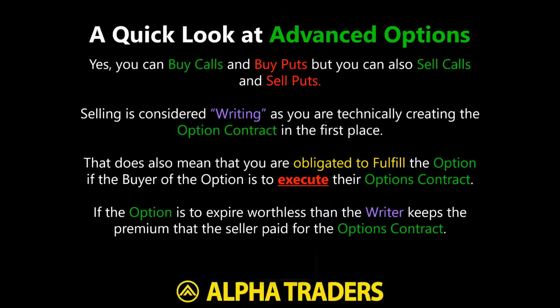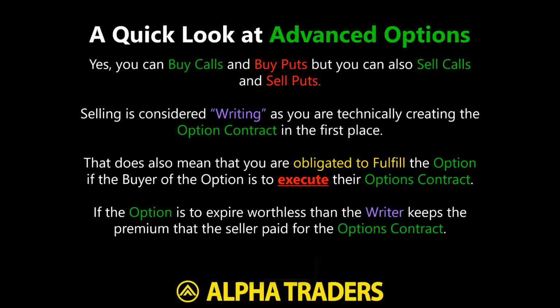So if you're wondering who you were buying all these calls and buying all these puts from, somebody had to write them. Somebody had to back that position up with an obligation to fulfill it if you were to execute it. That does also mean that you are obligated to fulfill the option if the buyer of the option is to execute their options contract.